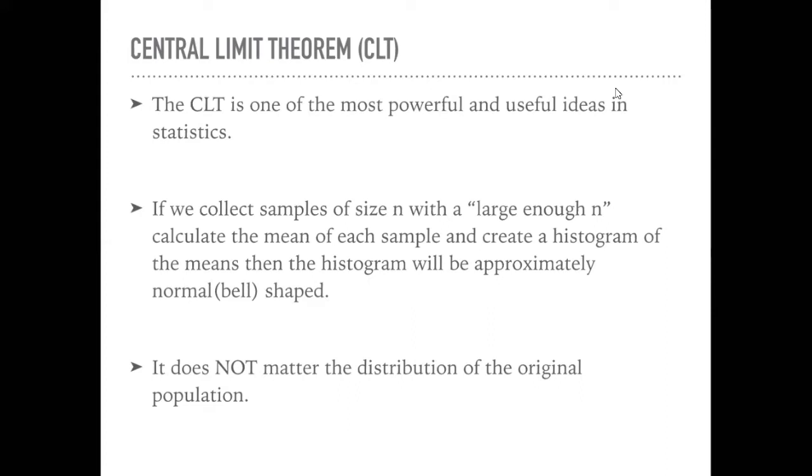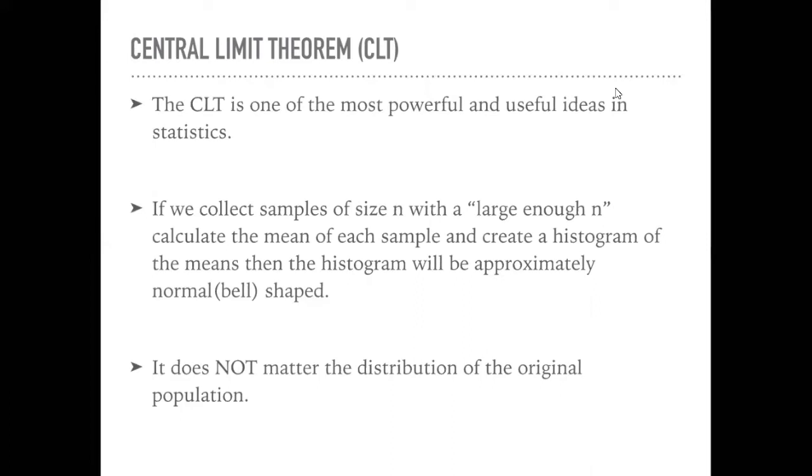So basically, say I have a whole bunch of you here, and I say each of you go out and collect a sample. Maybe we're studying the number of hours that students sleep. So I say each of you go out and sample maybe 30 people and ask them, how many hours did you sleep last night? And then you're all going to come back and tell me the average number of hours that everyone slept last night.